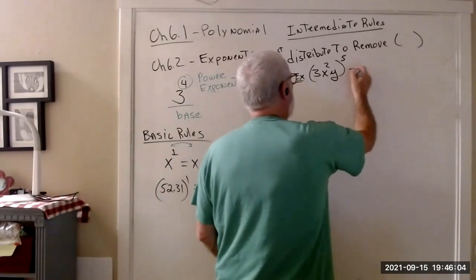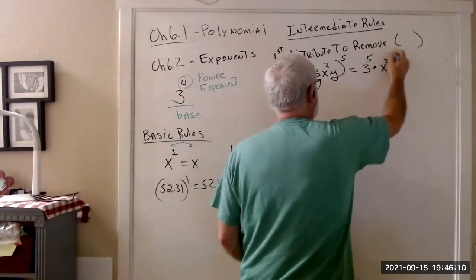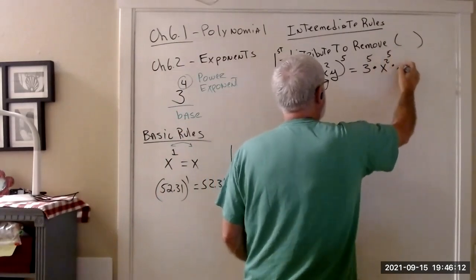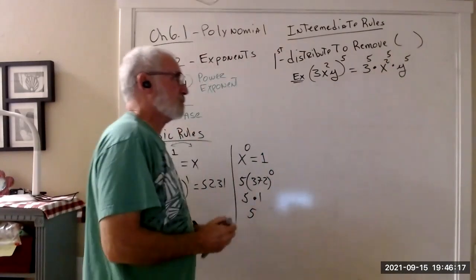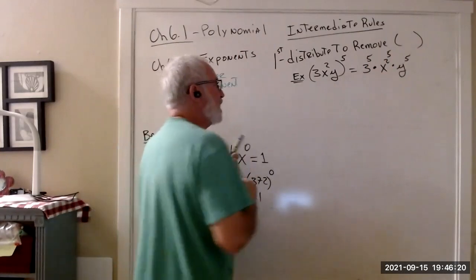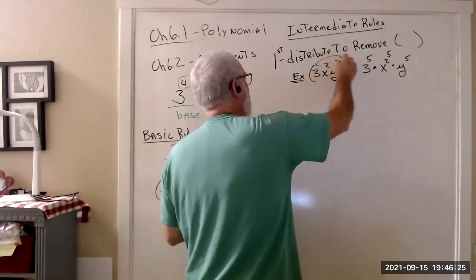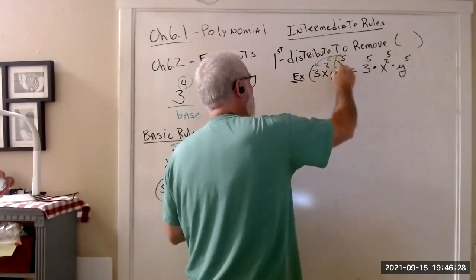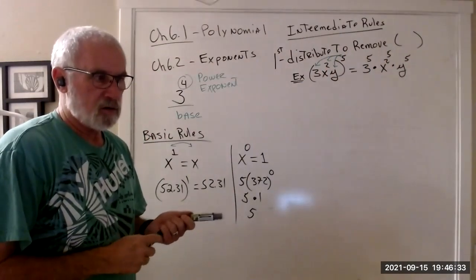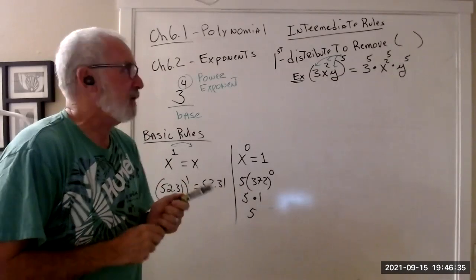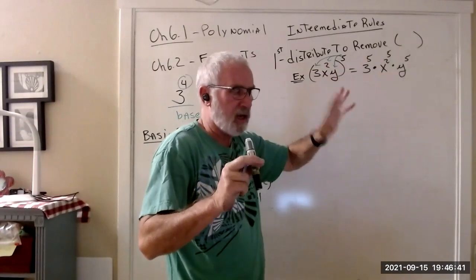The first thing you're going to write this as 3 to the 5th power times x to the 2nd to the 5th power times y to the 5th power. So what I just did here is this whole quantity was being raised to the 5th power. So you distribute the power to each piece of the quantity. Okay. And don't panic if it looks ugly like that or that. Don't panic yet. Okay. It's not that bad.